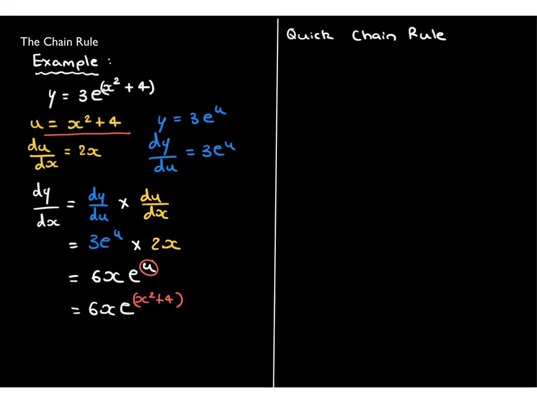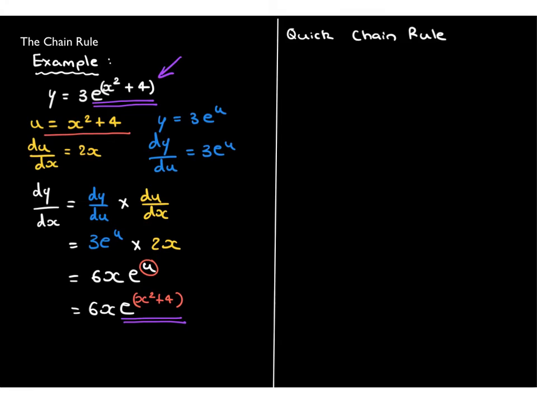Look at the original question, the original function that is being differentiated over here. Now, it's an exponential function, so exponential functions differentiate to themselves. So e to the x squared plus 4 essentially differentiates to give us e to the x squared plus 4.